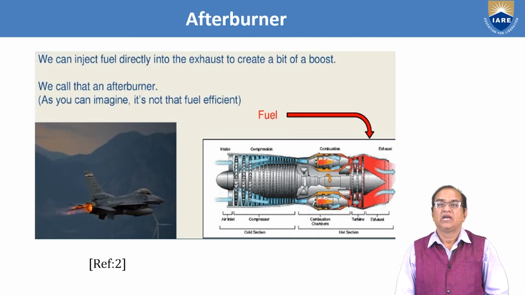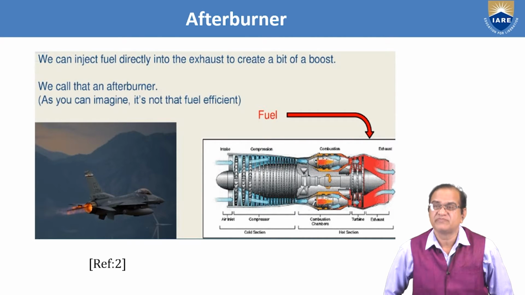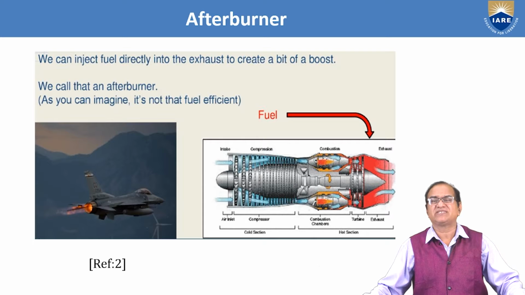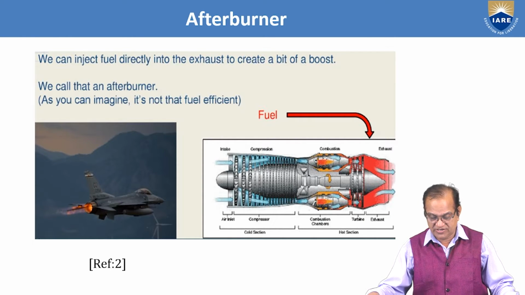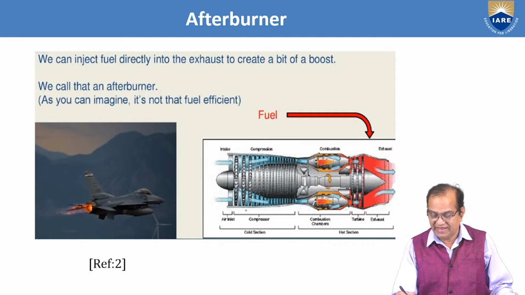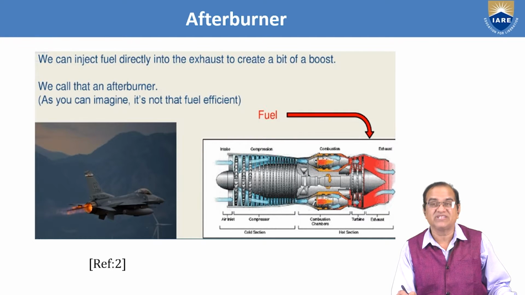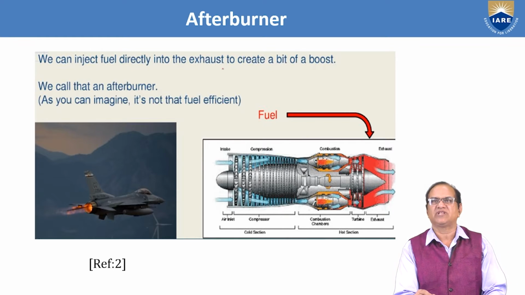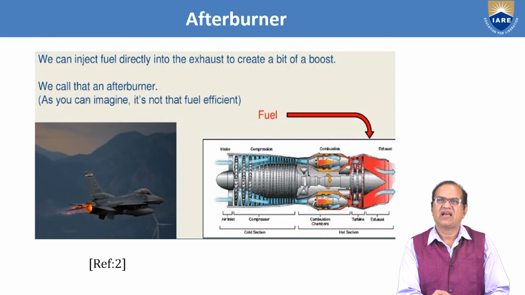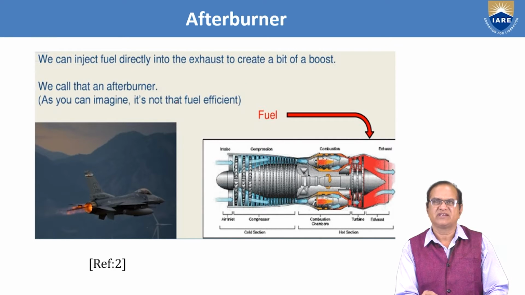Now, in some modern aircraft, we have an afterburner because we need some additional thrust in case of emergency. So here we can add some additional fuel after the turbine. We can inject fuel directly into the exhaust to create a bit of boost. We call that an afterburner.